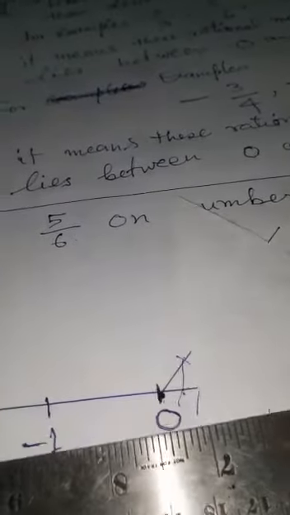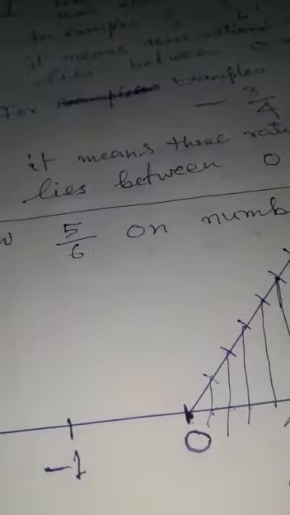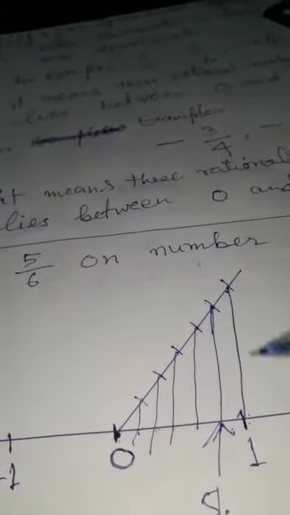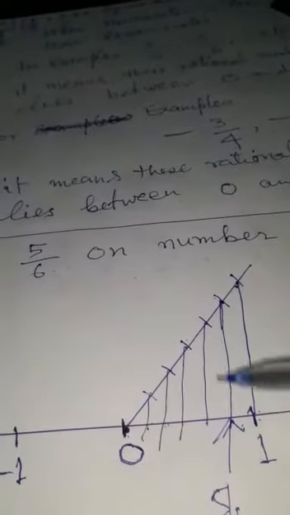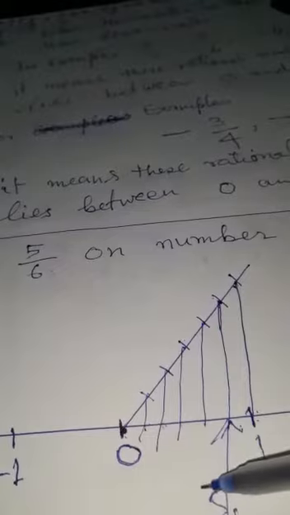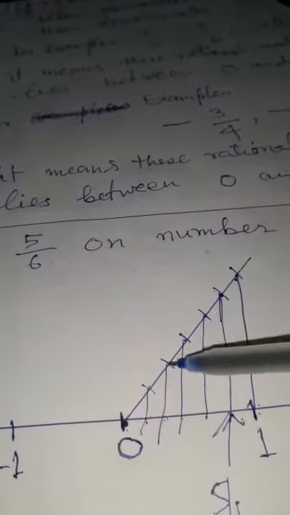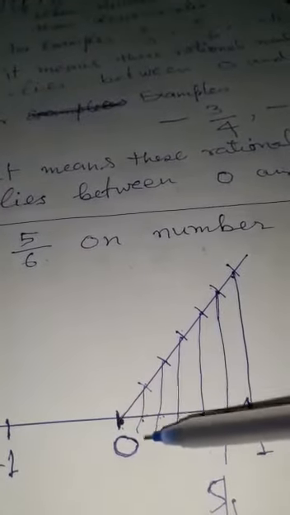Move the set square like this and draw lines parallel to this line. From this point draw this line, from this point draw this line, and so on for each point.